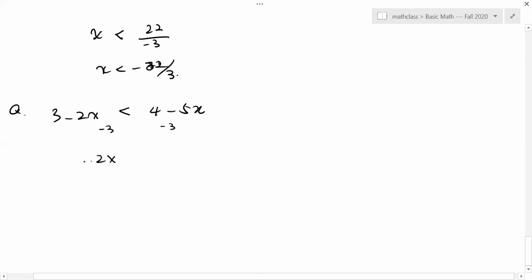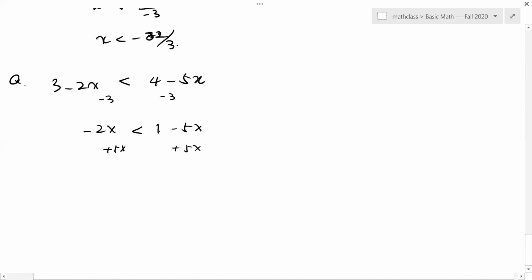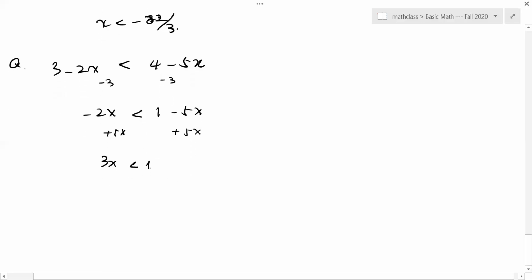So you get -2x less than 4 minus 3, which is 1. Then you move -5x to the left-hand side, you change the sign. So in other words, you add 5x. So what you got here is 3x less than 1. Yeah, x is less than 1/3, right? Dividing by 3 on both sides.